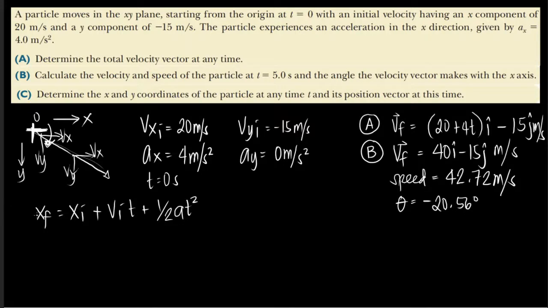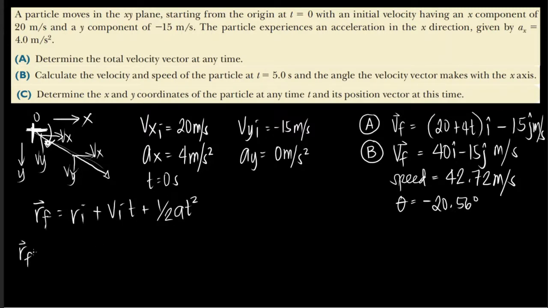So instead of x, the letter we use is r, and you should put a hat on it because it is a vector. Basically, r final is equal to r initial plus v initial t plus 1/2 a t squared. The important thing is to remind yourselves that you are summing vectors. Just like what we did for letter A, separate the x components and the y components.